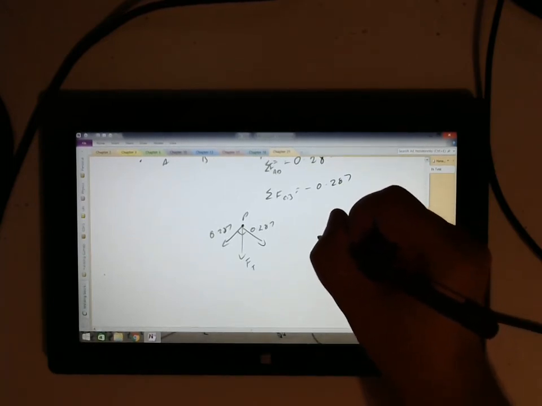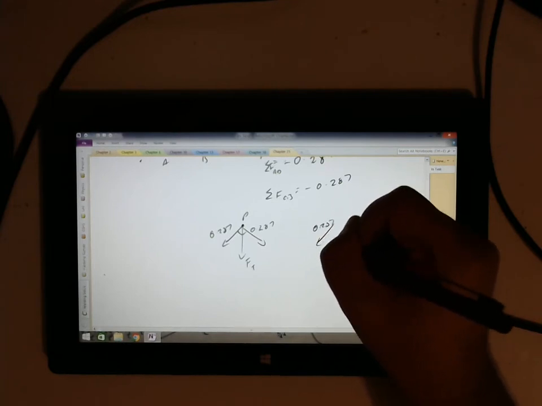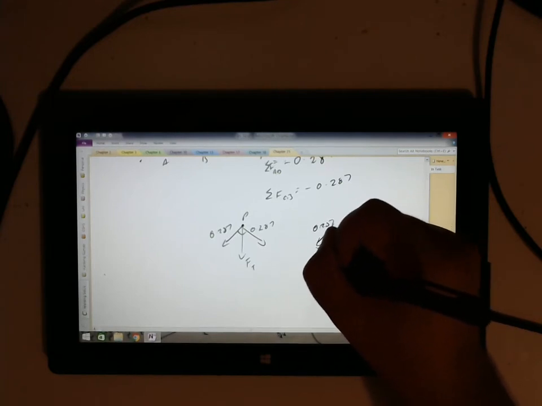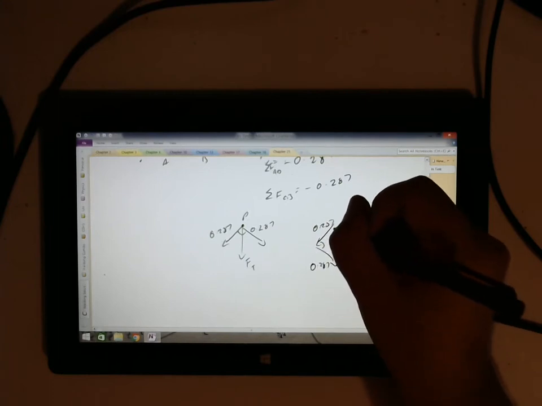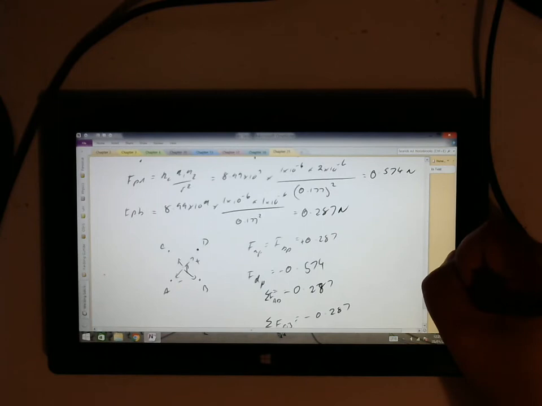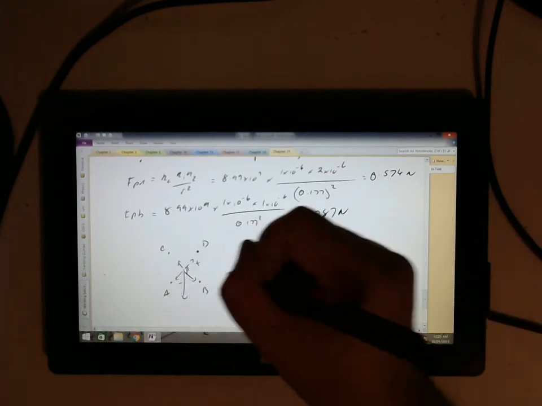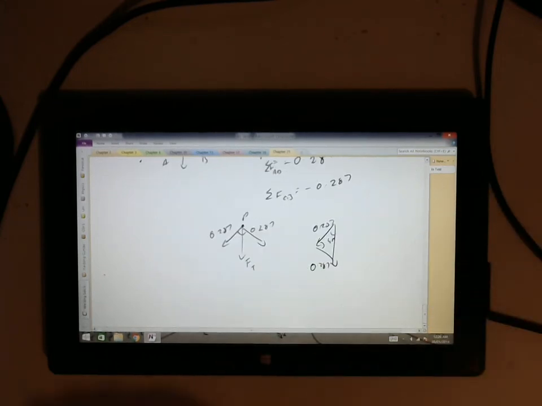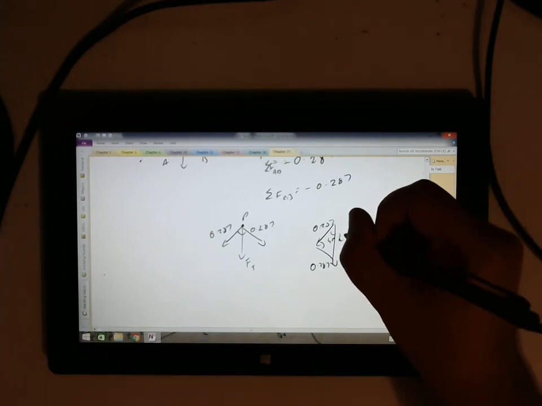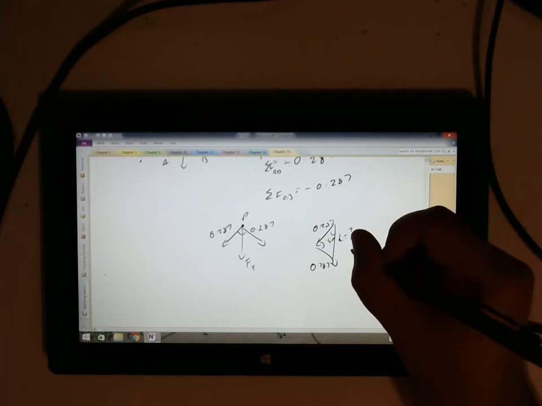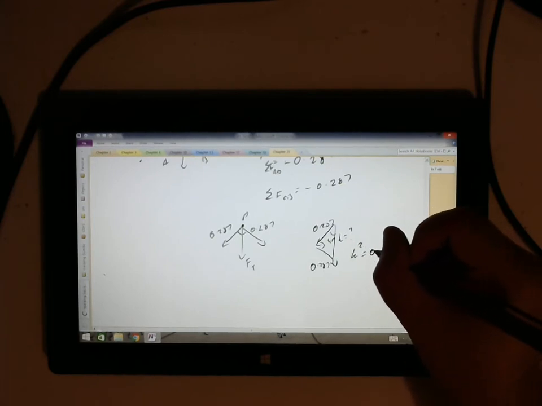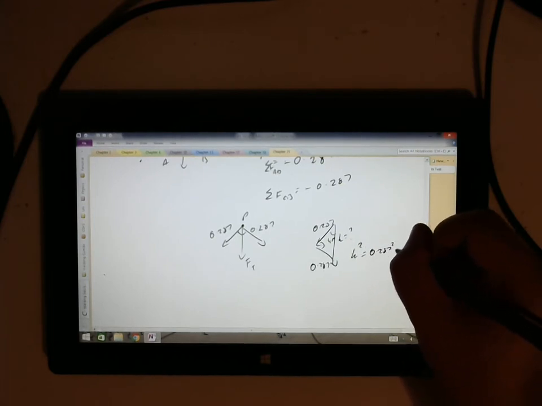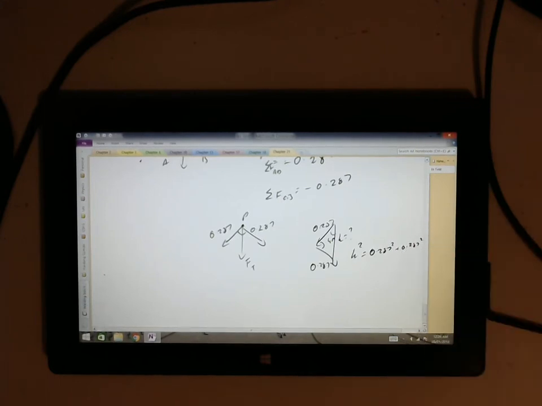We're going to have this 0.287 plus this 0.287, that's going to be 90 degrees, so that's going to be 45 degrees, and that means it's going to go straight down, which is what I've been telling you from the start. We don't know what that equals. So hypotenuse squared equals 0.287 squared plus 0.287 squared. Let's chuck that in.